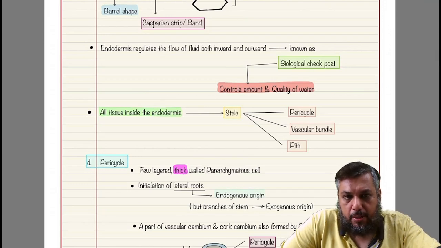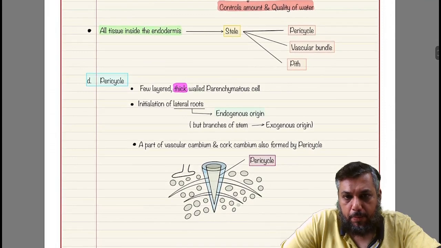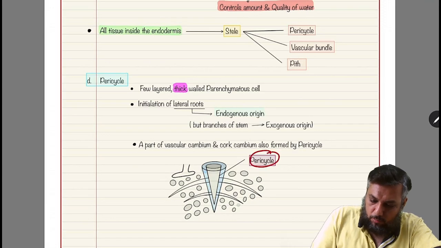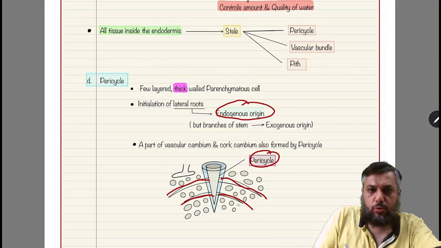The pericycle can be few layered, it is thicker, and it is made up of parenchymatous cells. From the pericycle arise lateral roots, as you can see here. This is called the endogenous origin of the root.